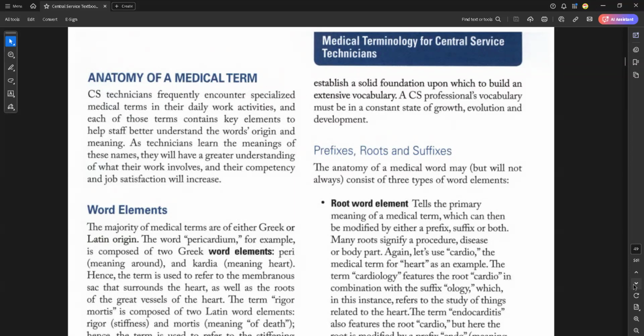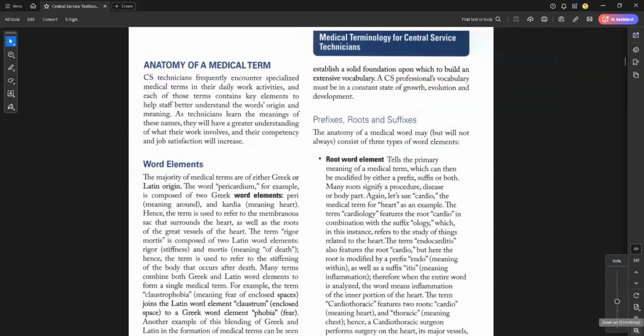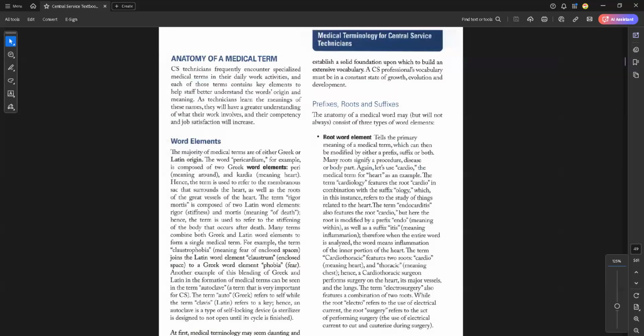So word elements or medical terms in the medical field also have some of these origins. Now, there are three, and we call them the prefix, roots, and the suffixes. Prefixes, roots, and suffixes.